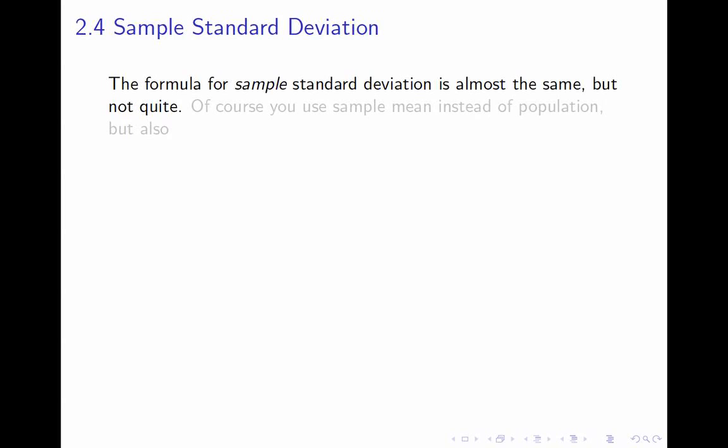Okay, now I have a little bit of a confession to make. We've been talking about the population standard deviation. Now I want to talk about the sample standard deviation. Just like in the mean, the distinction is so important, we use a different symbol for it. But life is even a little bit more complicated here because we use a slightly different formula as well.